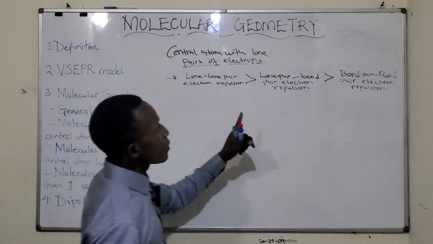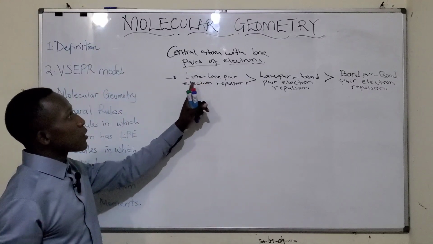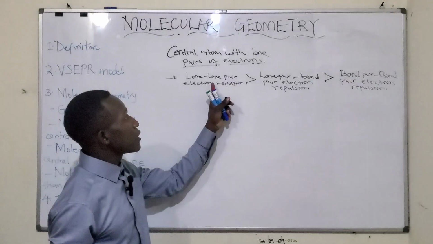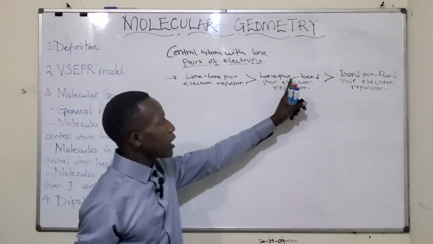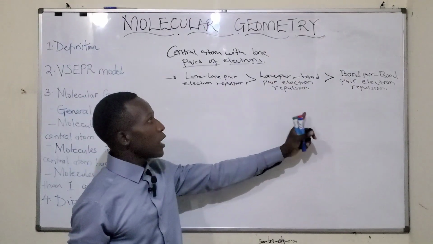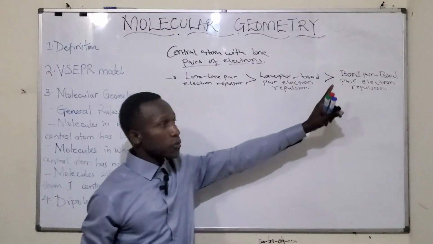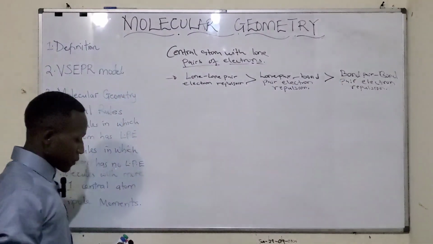So that's the principle. If lone pairs are present, they repel themselves, then the lone pair and bond pairs repel themselves. And these ones, they repel themselves more than these ones repel themselves, as we are going to see.